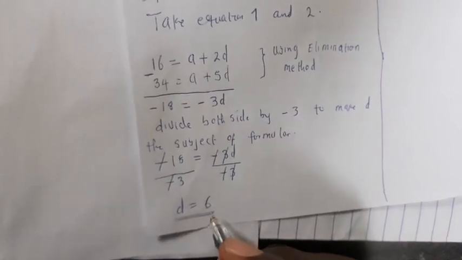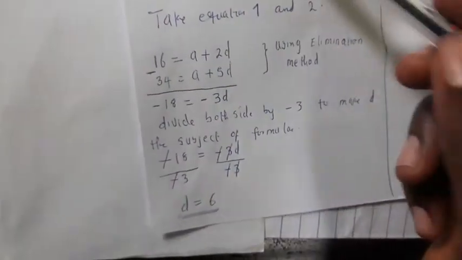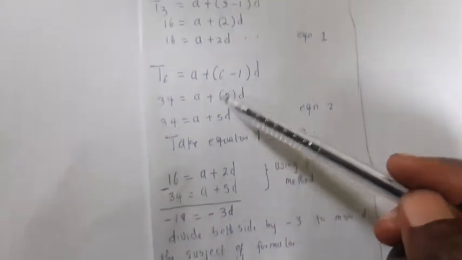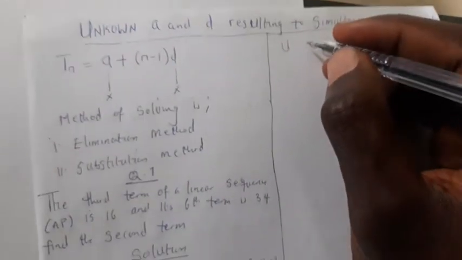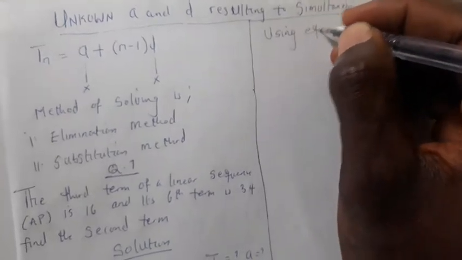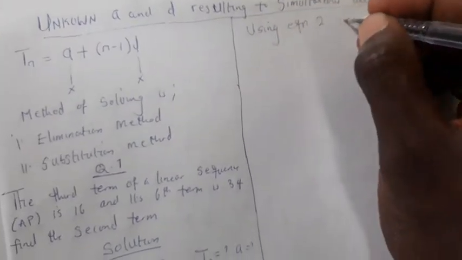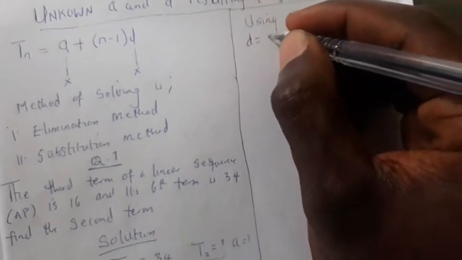You are going to use this D as 6 and substitute it into any of these two equations, equation 1 or 2. I will choose equation 2. Using equation 2, put D equals 6.